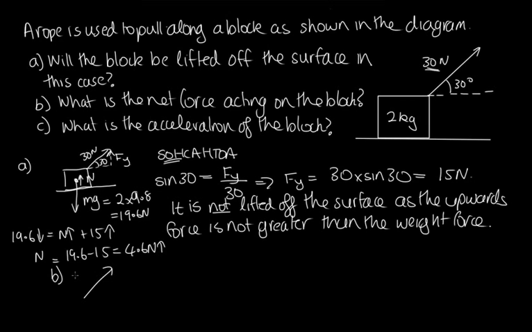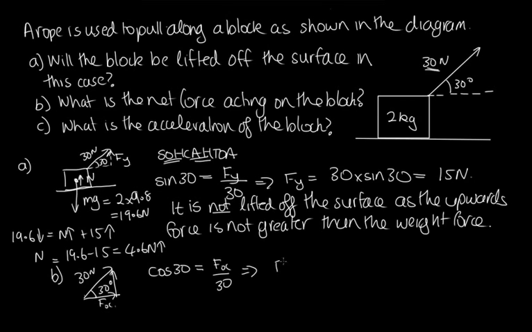So we've got 30 newtons and 30 degrees, and we'll call this Fx, the horizontal component. And so we can use SOHCAHTOA. We've got the adjacent in this case and the hypotenuse, so we need to use cos. So cos of 30 is equal to the adjacent, which is Fx, over the hypotenuse, which is 30.